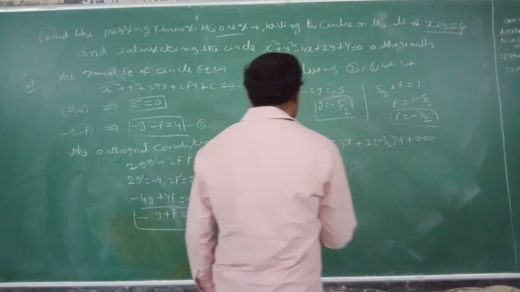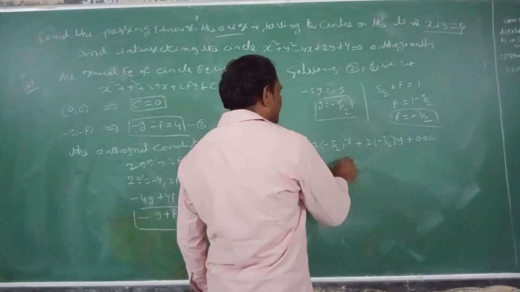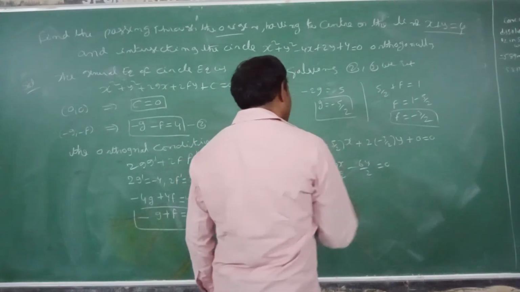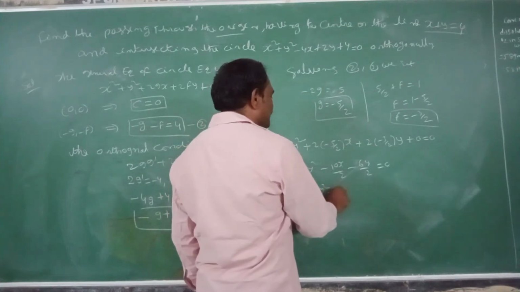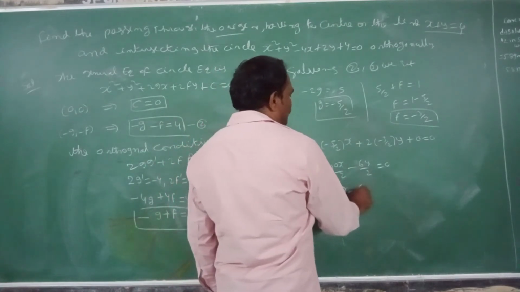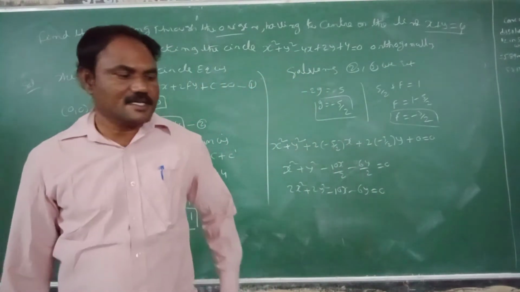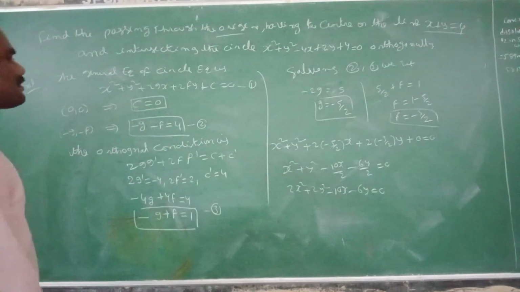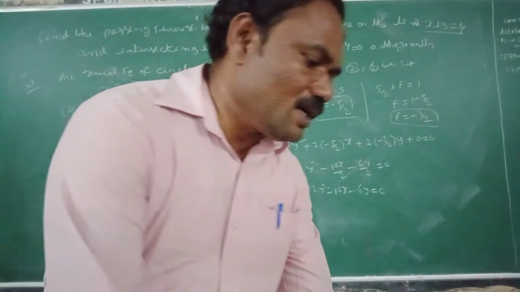So that is x square plus y square minus 10x by 2 minus 6y by 2 is equal to 0, that is 2x square plus 2y square minus 10x minus 6y is equal to 0. That is the required circle equation which satisfies the given conditions. So we solve another problem.